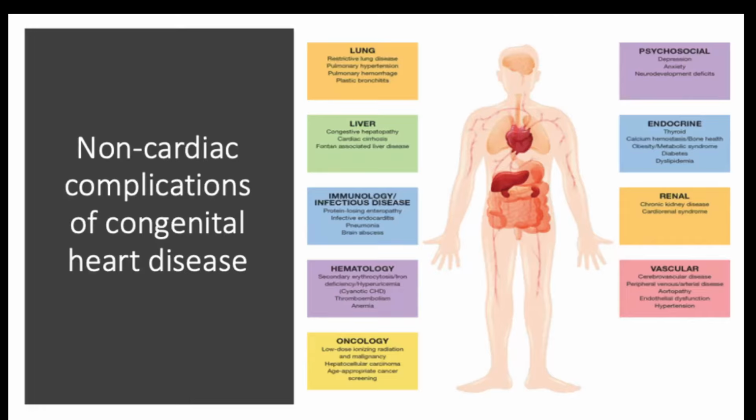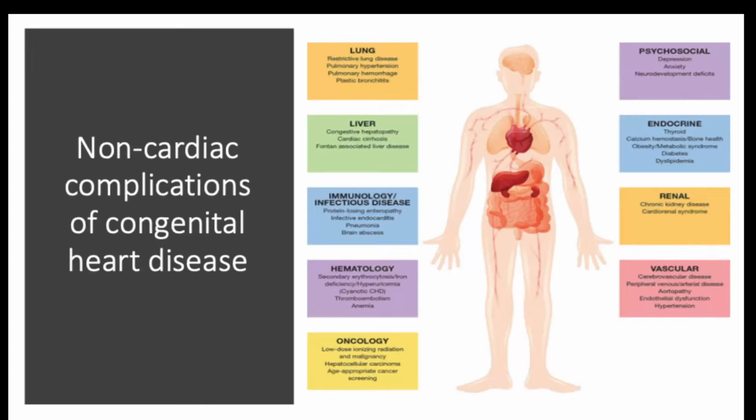They're at a higher risk of hepatocellular carcinoma, and we should be doing age-appropriate cancer screening for them. Psychosocially, these children are at very high risk for depression, anxiety, and PTSD due to having lived so long in the hospital and all the numerous painful procedures. And then remember that if they are cyanotic, or if they have got a decrease in systemic blood flow, they may have neurodevelopmental delay because the brain is not getting enough oxygen or enough blood.